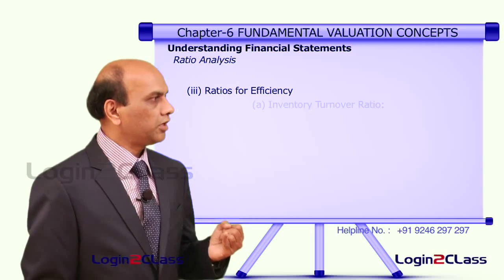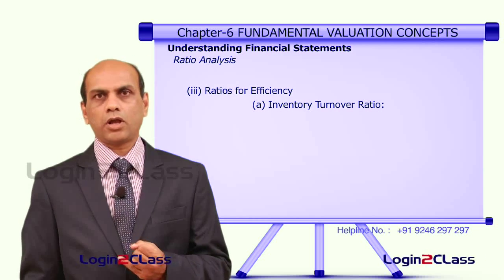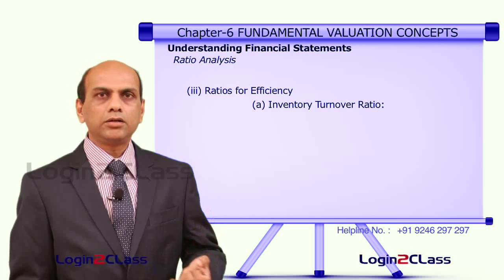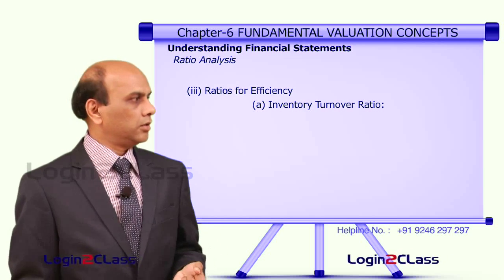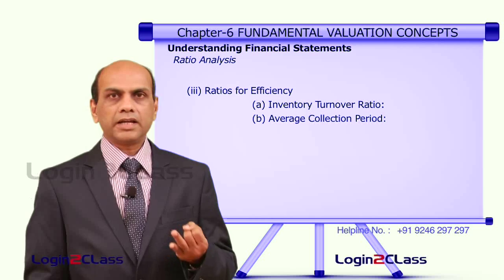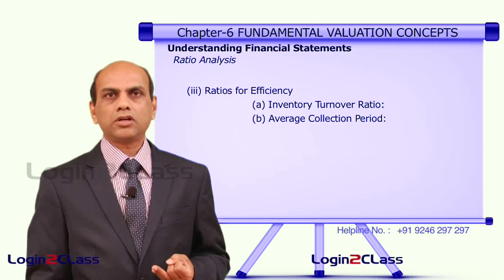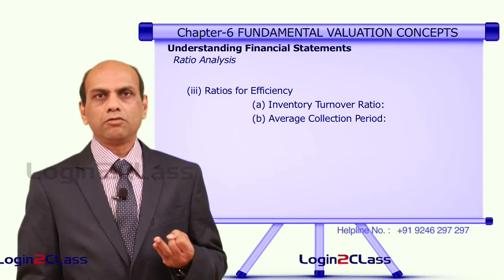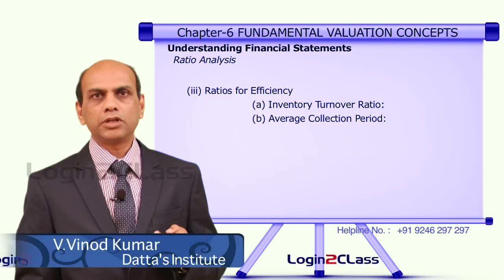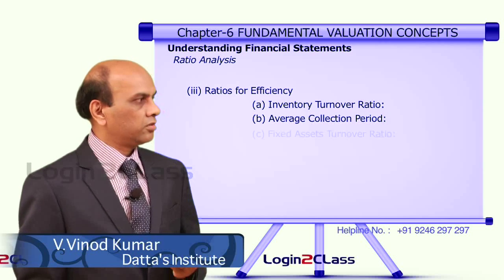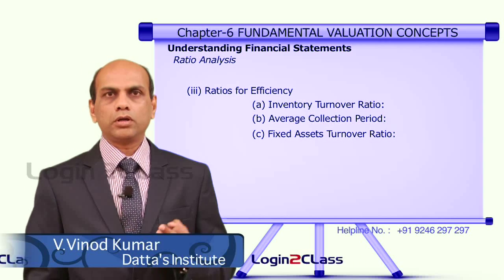One is inventory turnover ratio, how the company is able to better utilize the inventory and turn around the sales. Two, average collection period. This helps to understand how fast the company is able to collect money for the sales they have made from the customers. Three, fixed assets turnover ratio.